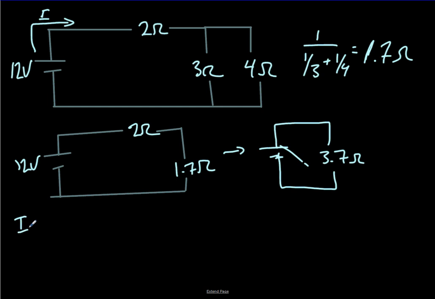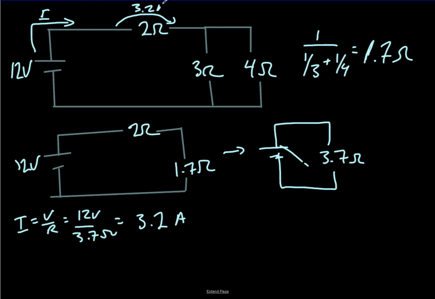So we know I equals V over R. We've got 12 volts and a total of about 3.7 ohms. That's about 3.2 amps. If we look, 3.2 amps has to pass through here. There's no alternative way for it to go. It all has to go through there.